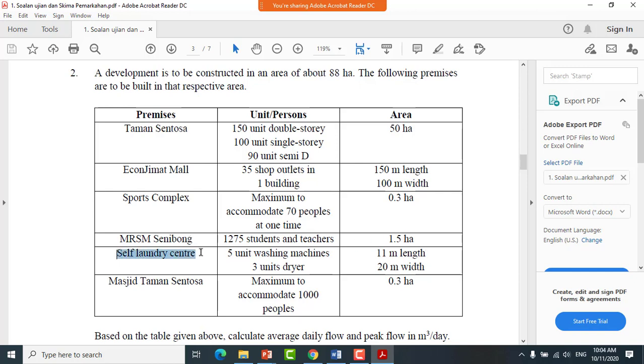The self laundry center has 5 units of washing machine and 3 units of dryer, 11 meters length and 20 meters width. Masjid Taman Sentosa accommodates a maximum of 1000 people, and is 0.3 hectare. For this question you have to calculate the average daily flow and peak flow in meter cubed per day.